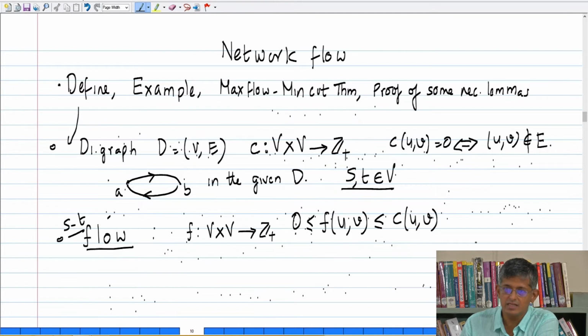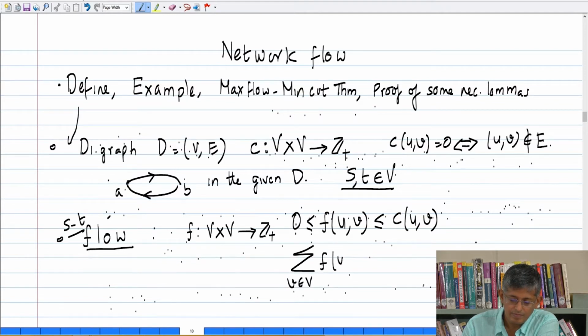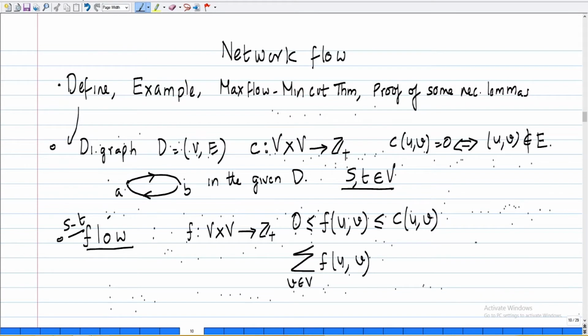The second condition is what is called a conservation condition. It's like your Kirchhoff's current law.